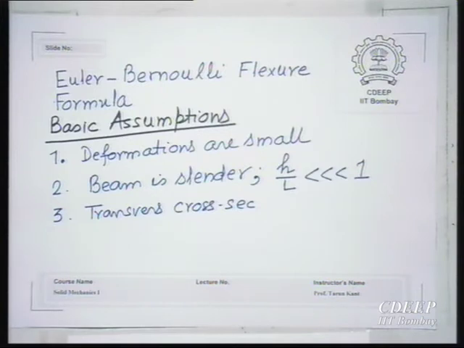We are talking of transverse, meaning this cross section. This is the beam. Which plane is the cross section? It is the yz plane. The cross section lying in the yz plane is the transverse cross section. What is the x axis? Longitudinal. So what is the longitudinal plane? The xy plane is the longitudinal plane.